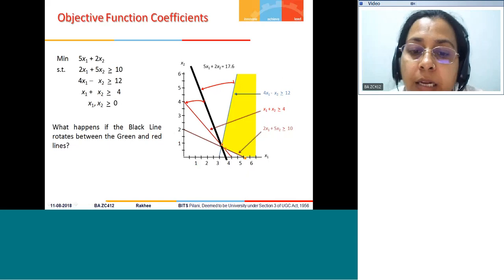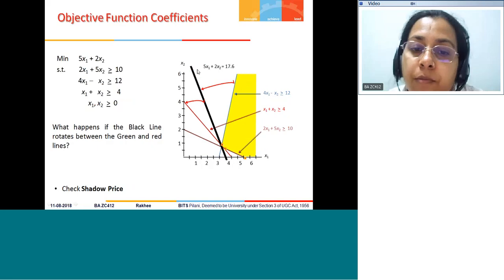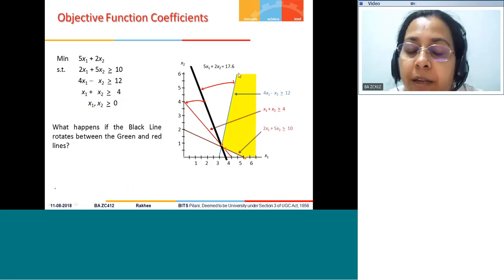So here in the graphical solution, you can see that if you consider this is the part, if you rotate this line from here to this blue line, there is no change in objective function value.